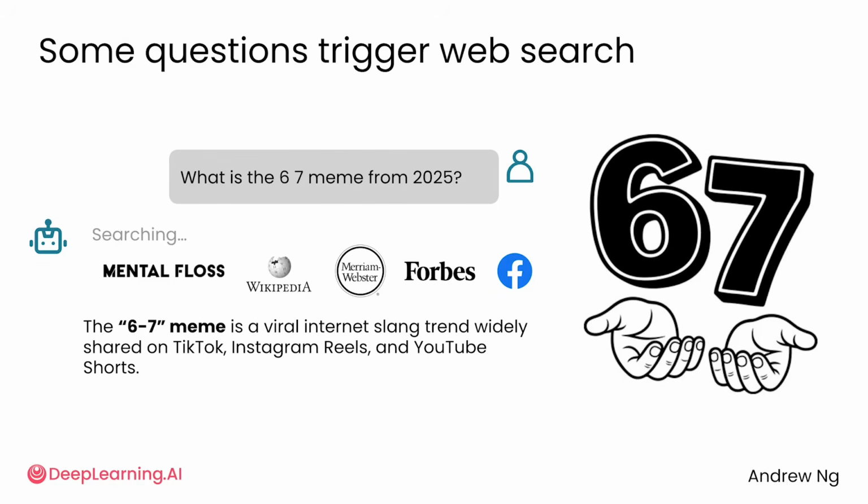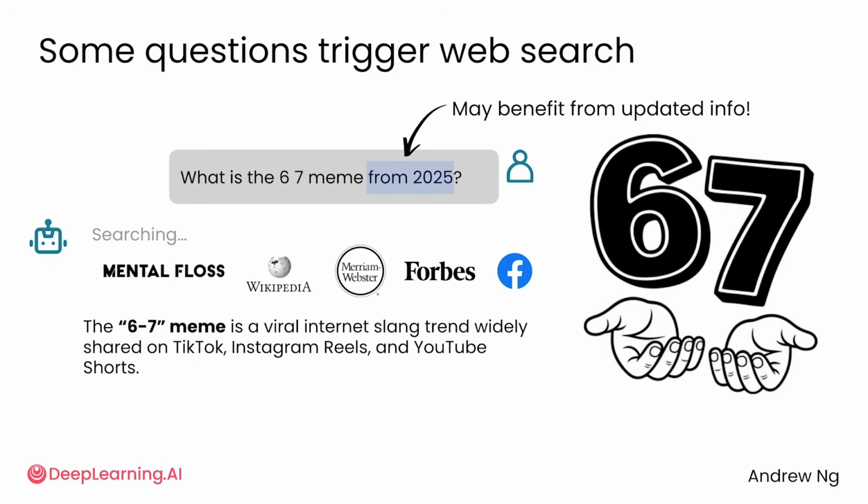And the reason it triggers a web search when you ask what's the 6-7 meme from 2025, the 2025 causes the AI to realize that it may benefit from more updated online information, because this could be a meme that appeared on the internet after its knowledge cutoff date.